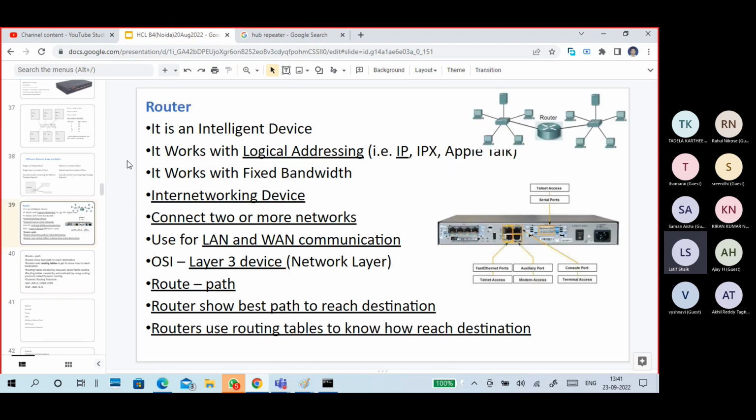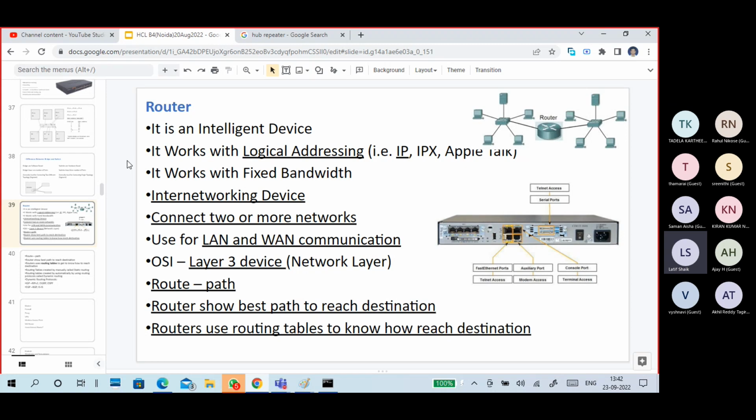Okay, this is about a router again. A router is an intelligent device that understands logical addressing and routing protocols, meaning IP addresses and routing protocols. A router is an inter-networking device. Inter-networking means connecting two or more networks, mainly communication between two or more networks.